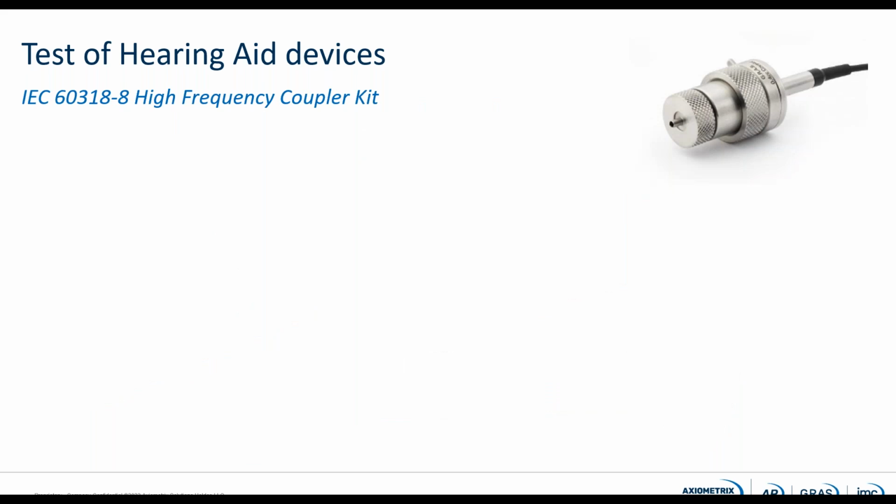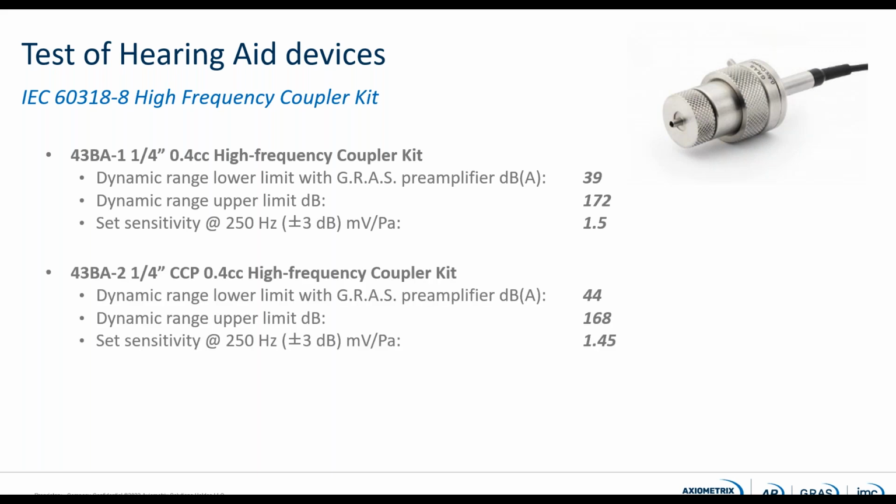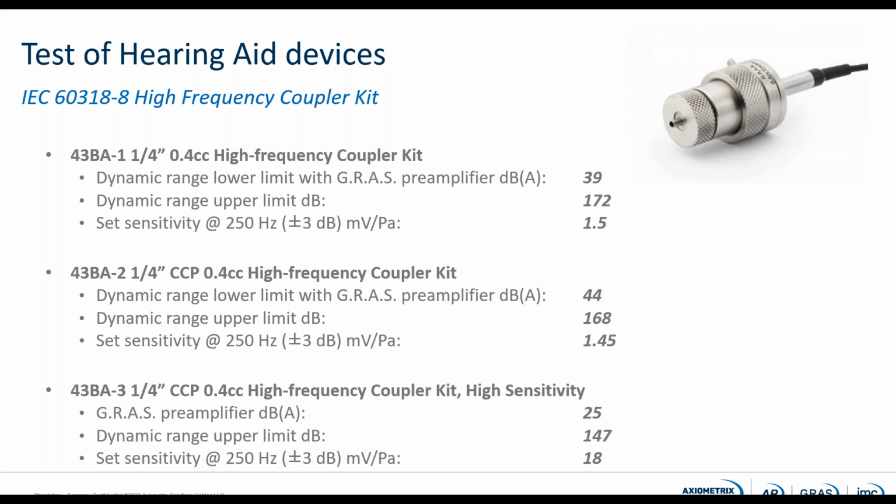If we look at the different high frequency coupler kits based on the IEC 60318-8 standard, then we have DAS1, which is externally polarized, DAS2 is a pre-polarized coupler, and DAS3 is also a pre-polarized coupler, but with a quarter-inch microphone with a very high sensitivity.